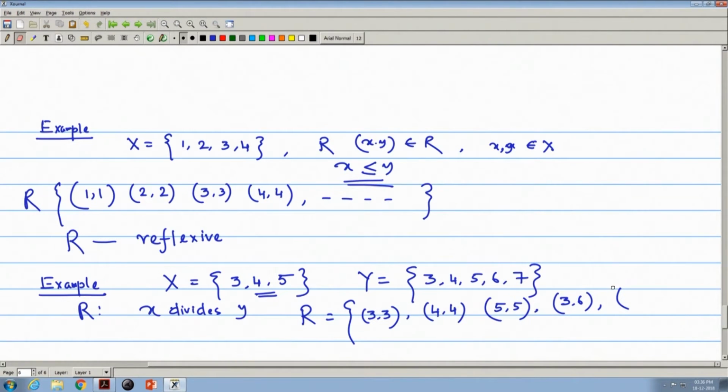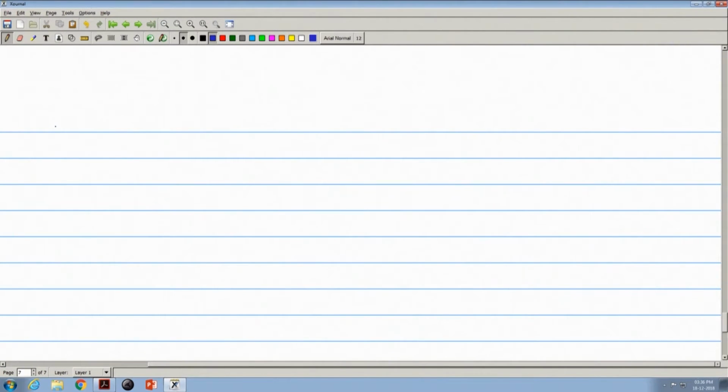So, this is also reflexive, because the element divides itself.